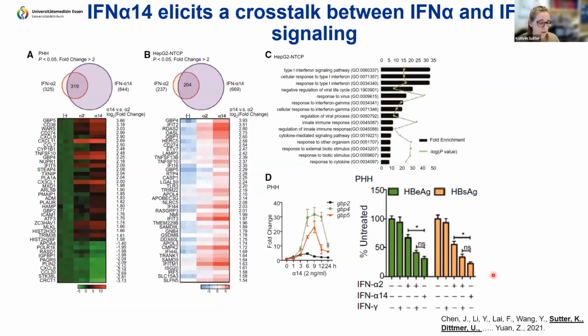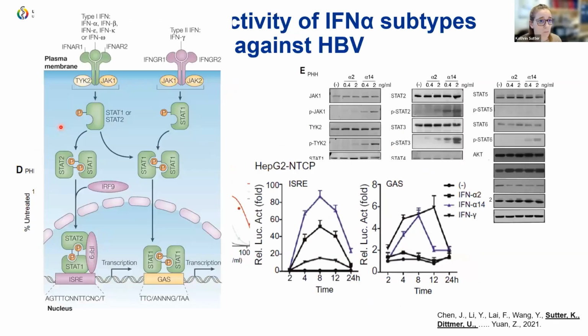And this is also seen, I know it's a busy slide, when you look at RNA. These are transcriptomic data, so they look for RNAs which are expressed, and you see there's one gene here, GBP5, which is mainly expressed via this pathway.